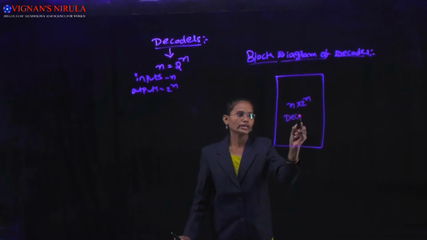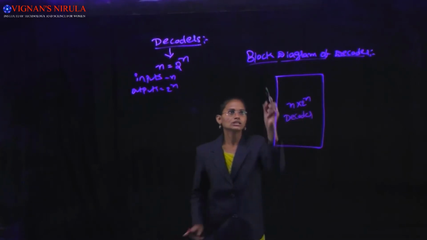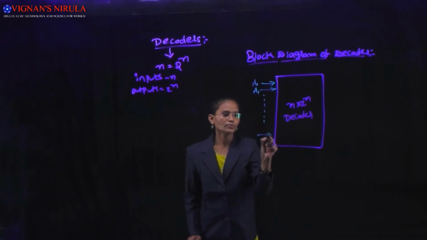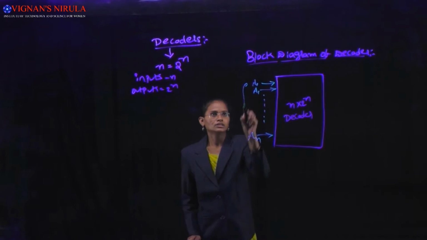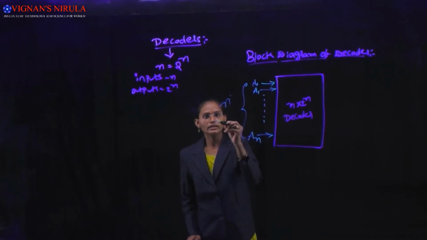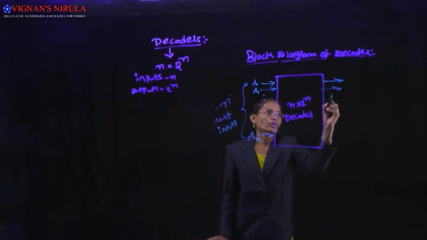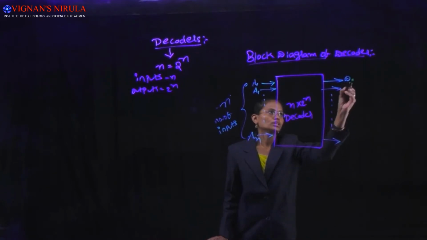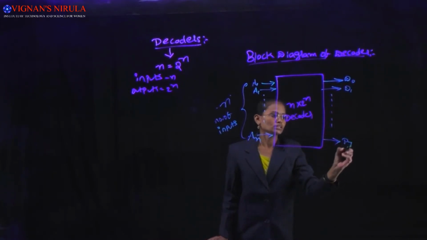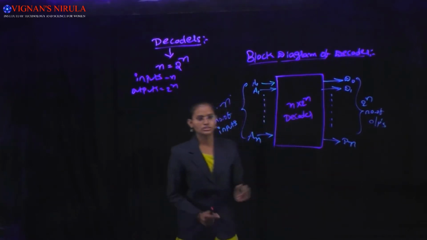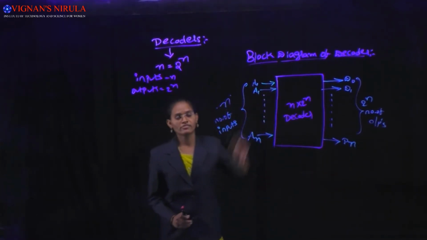This is the decoder. These are A0, A1 up to An, the n number of inputs, and it produces D0 to Dn, 2 power of n number of outputs. This is the block diagram of decoder.